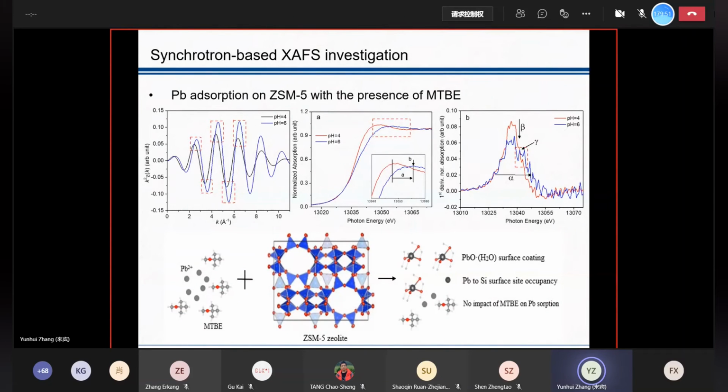As for the synchrotron-based EXAFS technique, we used it to further investigate the coordination of the adsorbed lead on the zeolite surface in the absence and presence of MTBE.